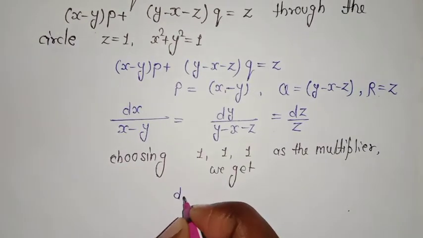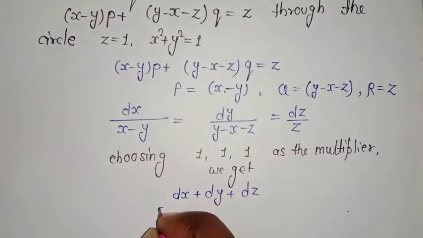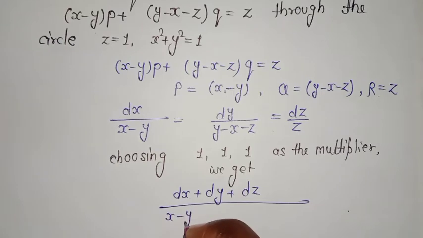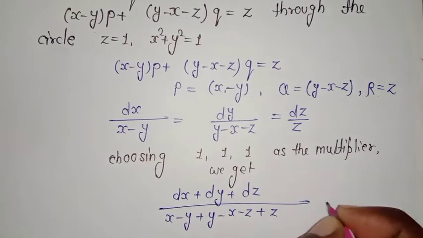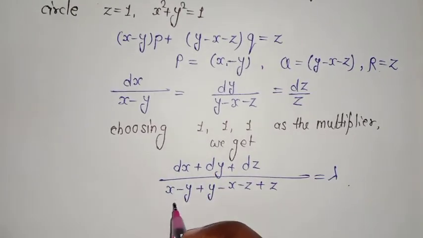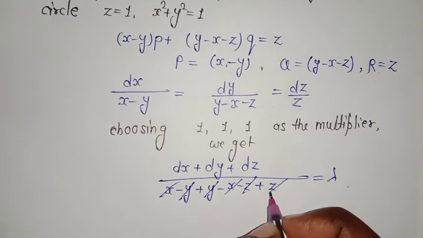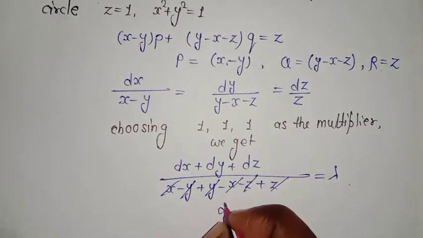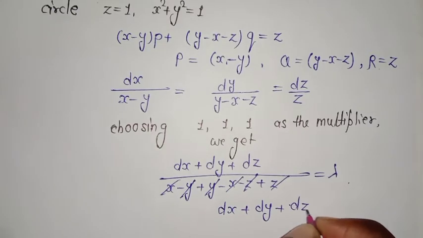So dx plus dy plus dz upon x minus y plus y minus x minus z plus z is equal to lambda. Now y gets cancelled by y, x by x, z by z, so we get dx plus dy plus dz equals 0.